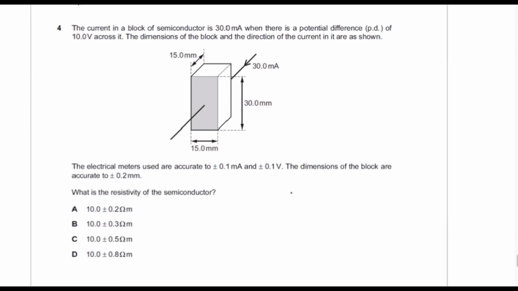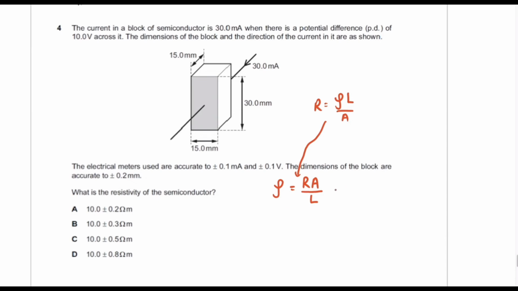So I just give you the resistivity formula, which you will learn soon: resistivity is R, resistance, times A, the area, divided by L. You will learn it in the form R equal to resistivity times L over A, but later you need to rearrange it into this form in order to count the percentage error.